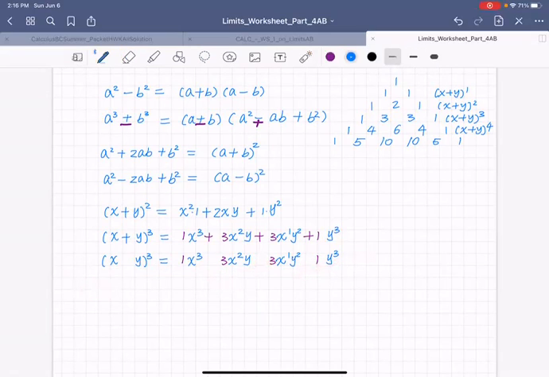The only thing you do when it is a minus is switch between positive and negative. Positive, negative, positive, negative. That's it. Okay, that's it. This is the PreCal triangle.